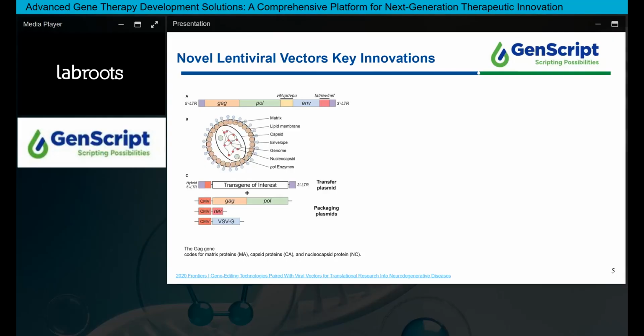Scientists have utilized a set of plasmids to produce recombinant vectors through several generations, up to the third-generation packaging system, as shown in Figure C. It has three main components: the transfer plasmid, the packaging plasmid, and lastly the VSVG glycoprotein in the envelope plasmid that provides the virus with a broad tropism and cell entry.